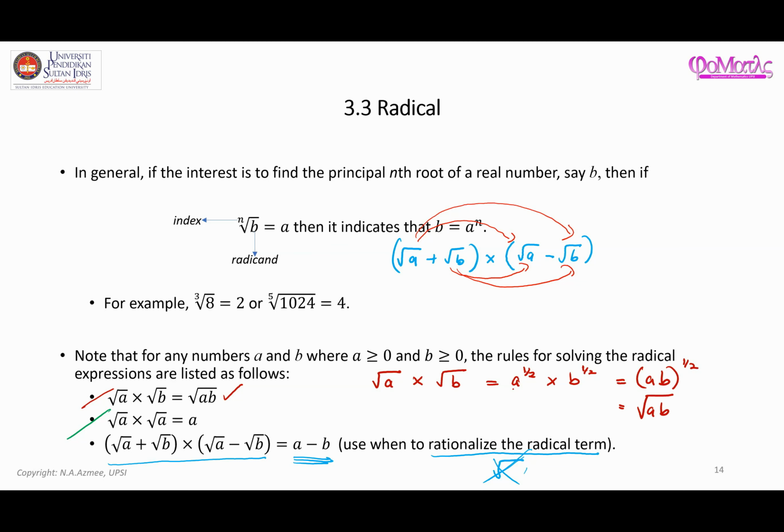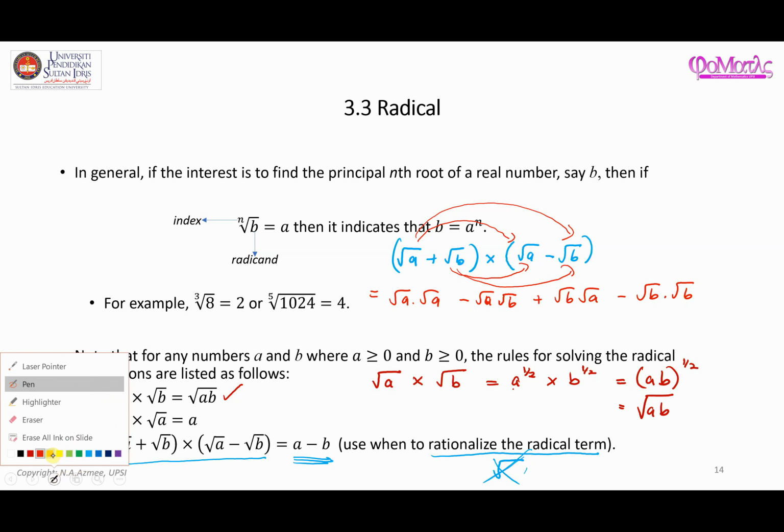So first, this is going to be equal to square root of a times square root of a, minus square root of a times square root of b, plus square root of b times square root of a, minus square root of b times square root of b.